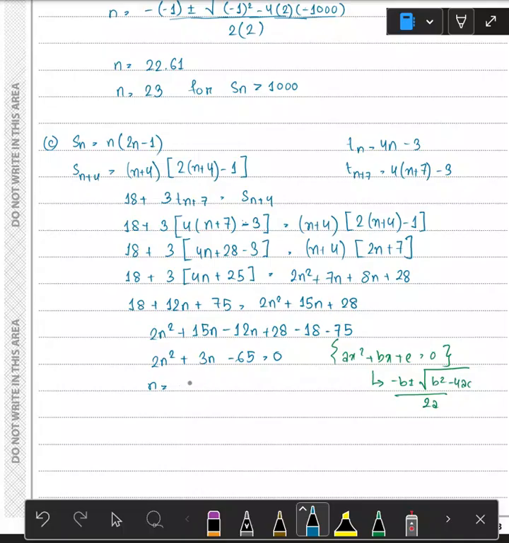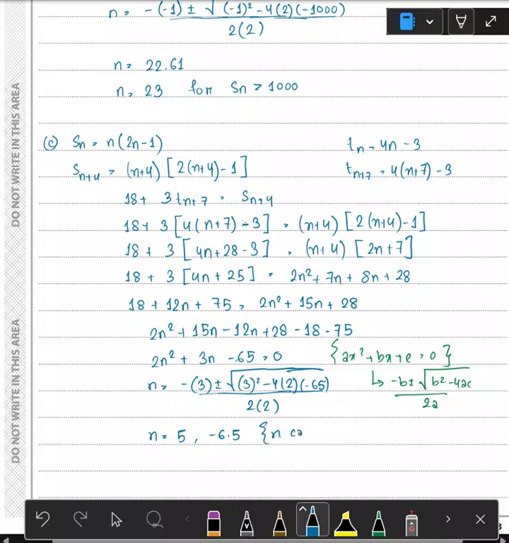So the similar thing I will do: minus 3 plus minus the square root of 3 square minus 4ac, where a is 2 and c is negative 65, divided by 2a, so 2 2s are 4. So if you put all this in your calculator, you will get two values of n: 5 and negative 6.5.